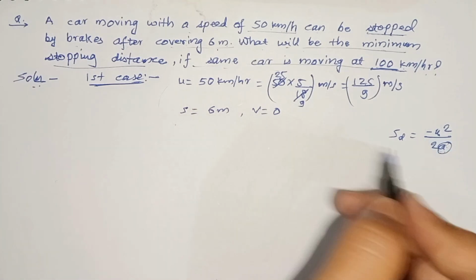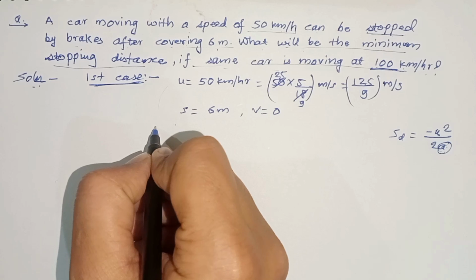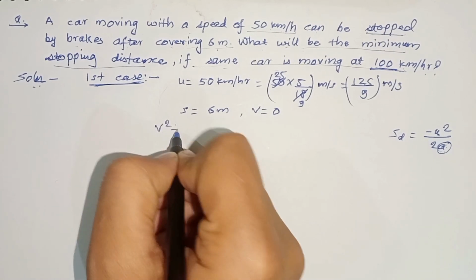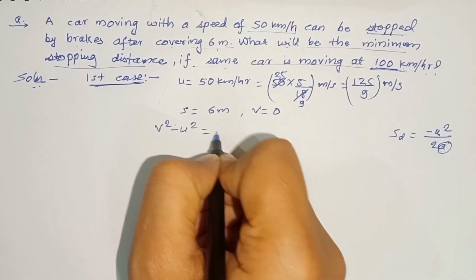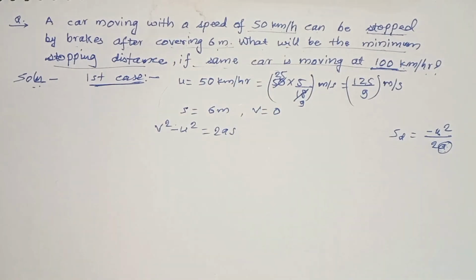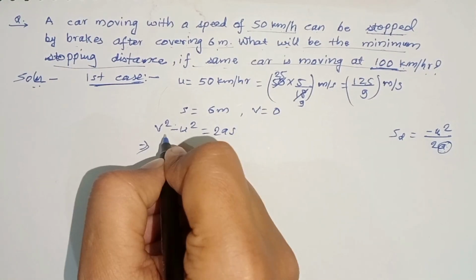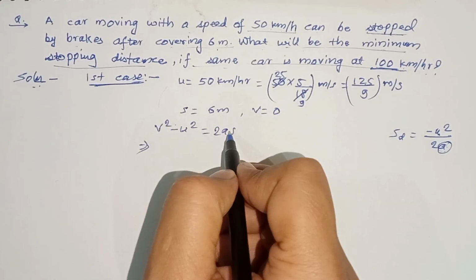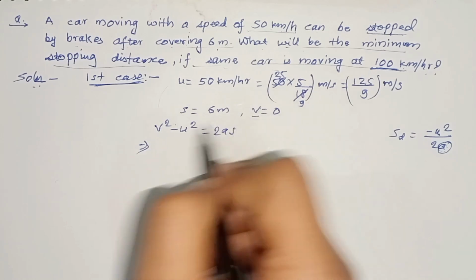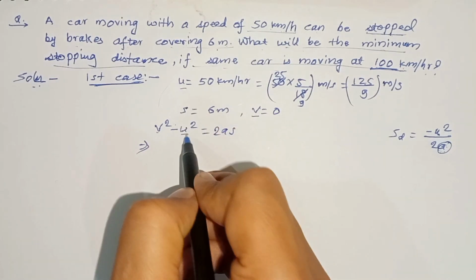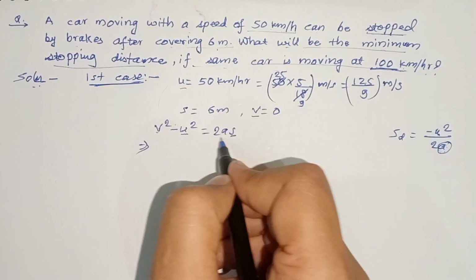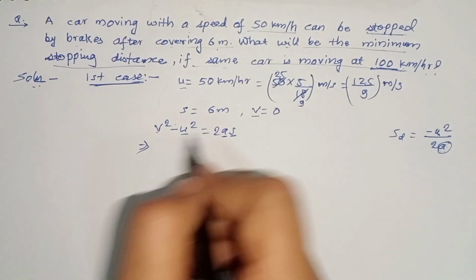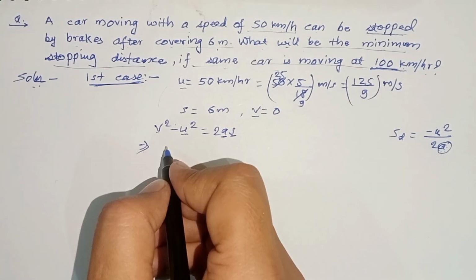Then we use the relation v square minus u square equals 2as. We use this because the final velocity is given, the initial velocity is given, s is given, and a is not given; this we have to find.